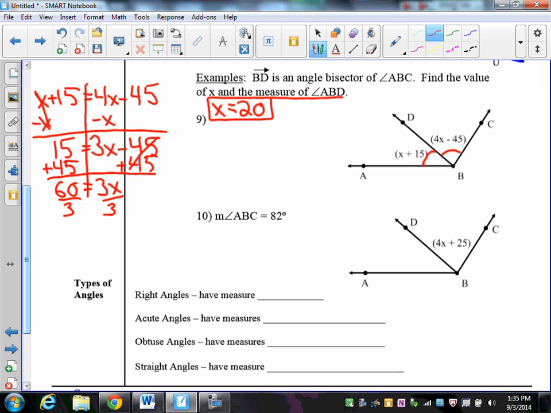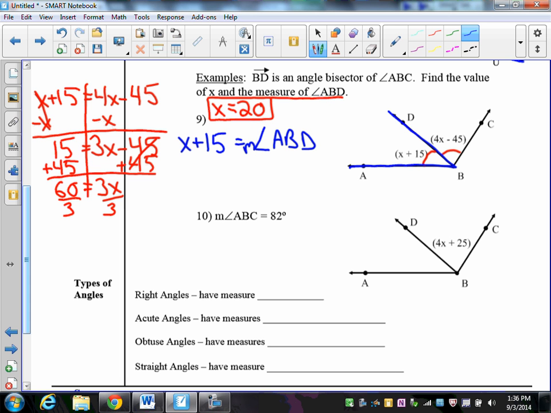So that's one of the things we were asked for. The other thing we were asked for was ABD. There's angle ABD. So we have x plus 15 is equal to angle ABD. We put this little m out front to signify the measure. So you'll see that, so I'm going to write it down there.